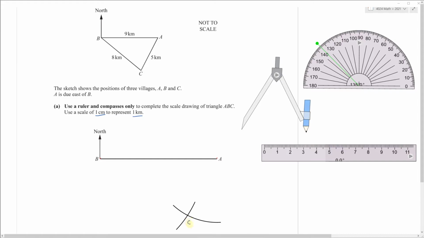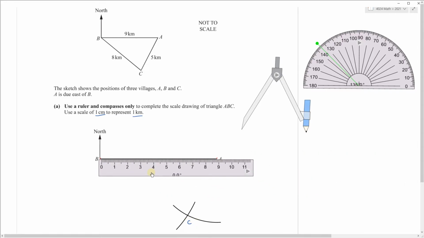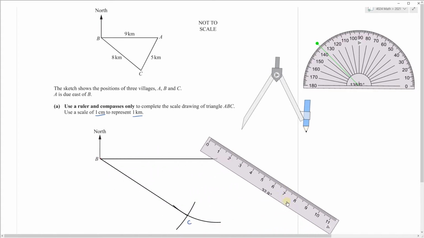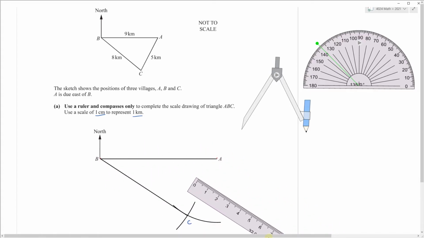So this point here is village C. And now I can join these points through a straight line from B to C like this. And then similarly from A to C as well.